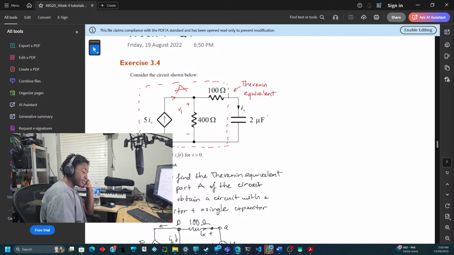And now we substitute everything and solve it. So we have 5 times A minus B over 100, right? is equal to A over 400 plus A minus B minus 100.